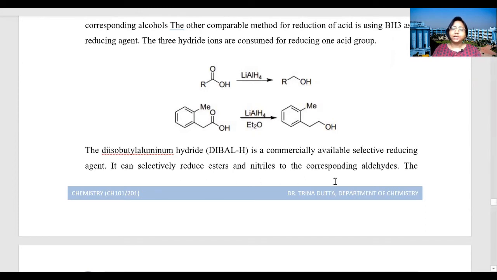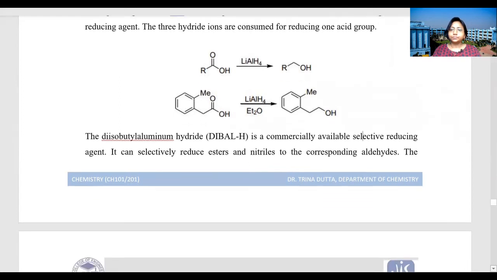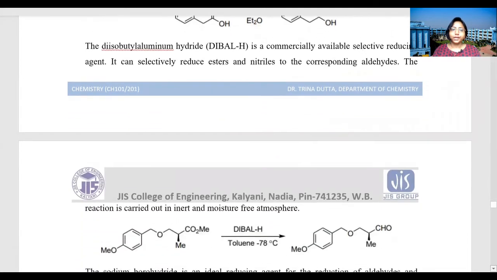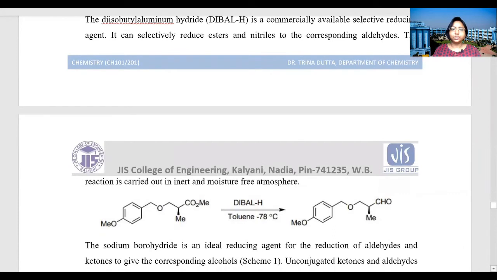It can selectively reduce esters and nitriles to the corresponding aldehydes. So it reduces ester to aldehyde. The reaction is carried out in an inert and moisture-free atmosphere. So ester to aldehyde.